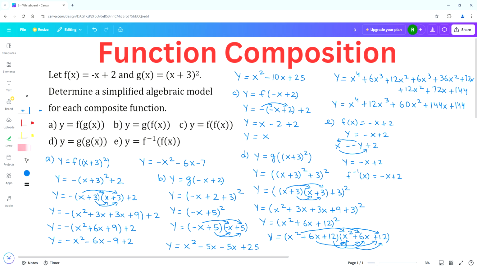Now we can find the inverse of f(x). The first step is to replace f(x) with -x + 2. Now we have to use the inverse function we found. In the inverse function, we should replace x with -x + 2.